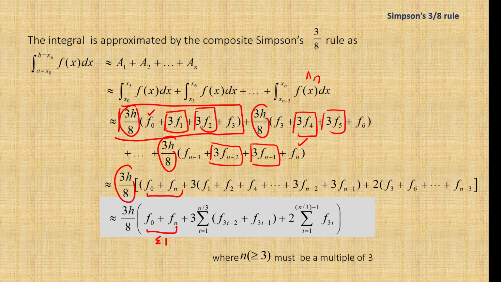So 3i minus 2, when i is 1, 3 minus 2, we have 1. And then 3 minus 1, you have 2. So i equal to 2, you get f4, f5, and so on.